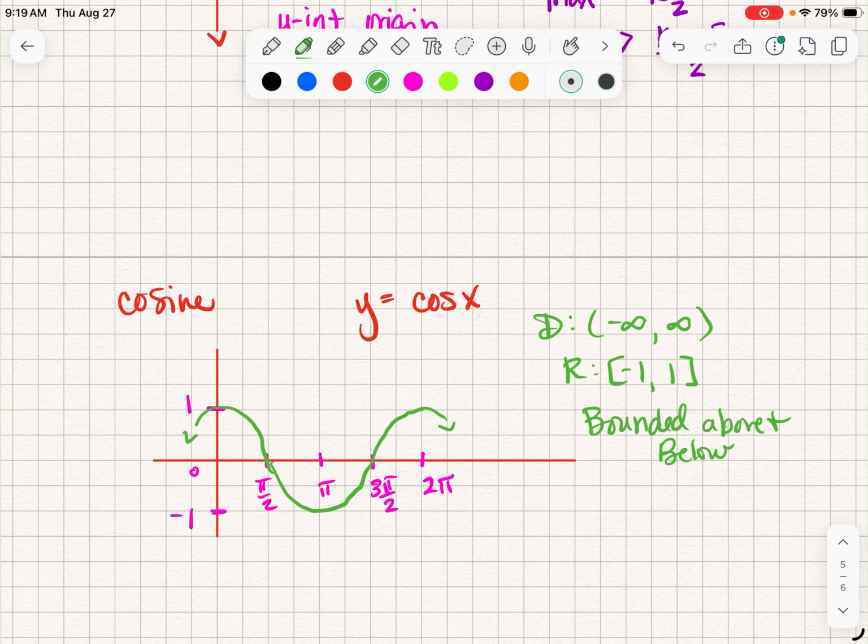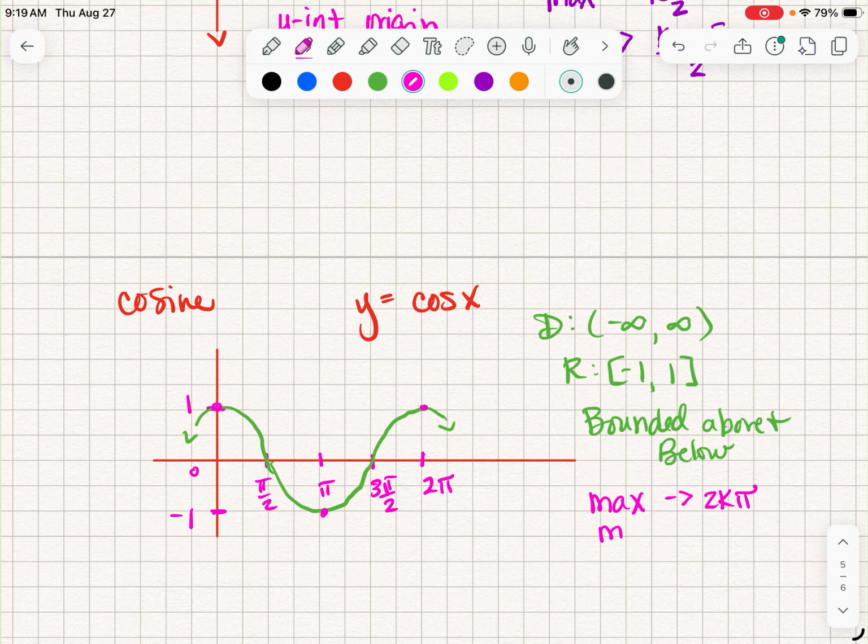Okay, but again, what changes are the maxes and mins. So now we can see the maxes are at 0, 2, the next one will be at 4, and then the mins are going to be at 1, 3, and so forth. So the maxes are at the 2 k pi's.